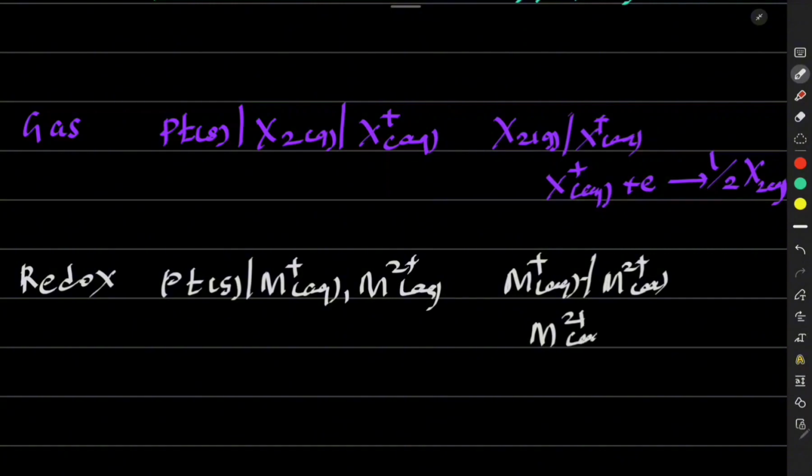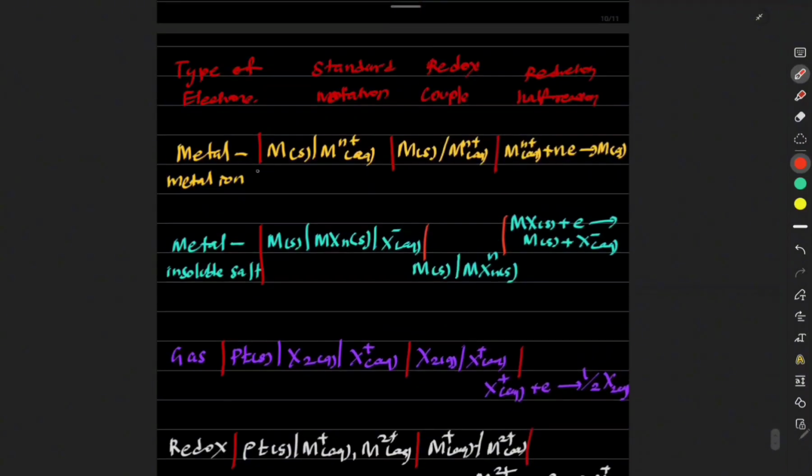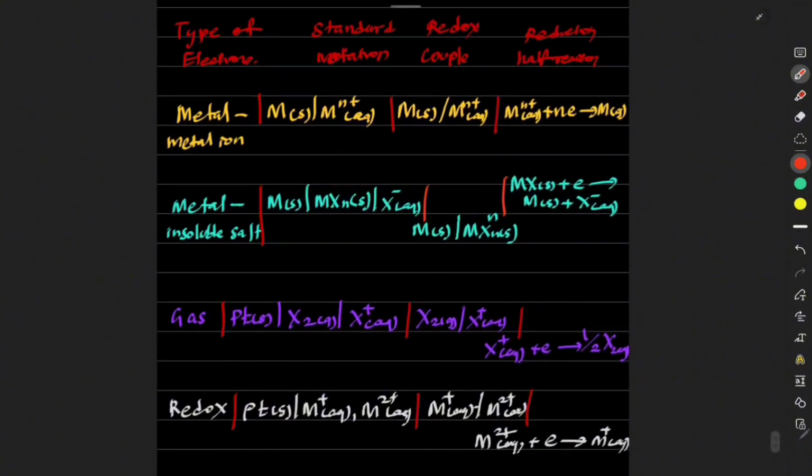M2 plus aqueous plus electron forms M plus aqueous. This is the reduction half reaction. I marked these red lines to separate them. Take a screenshot if you want.